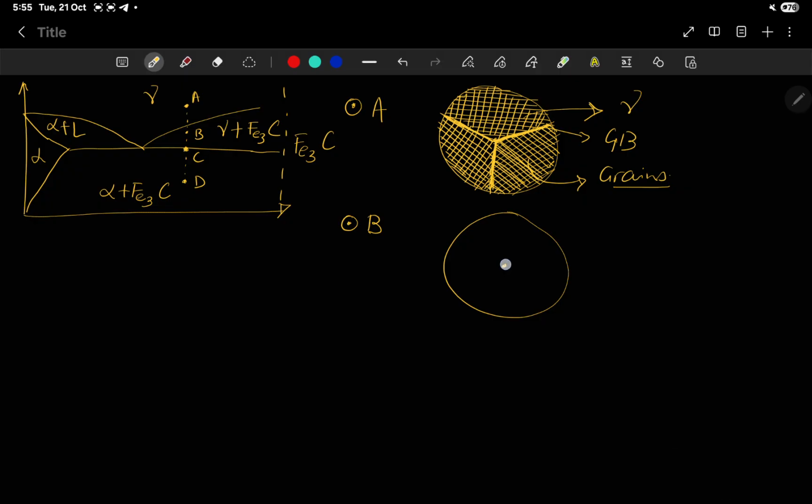So just draw the three lines. At point B, this is a grain boundary.